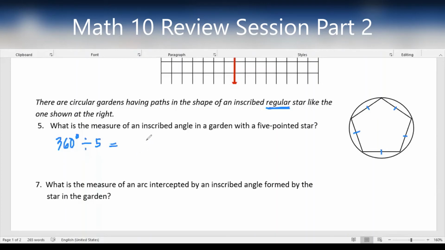And what is the answer? 360 divided by 5, is it 108? Francine, tama ba? Francine? Nawala na 72 po. Wait, saan natin? Okay, 72.